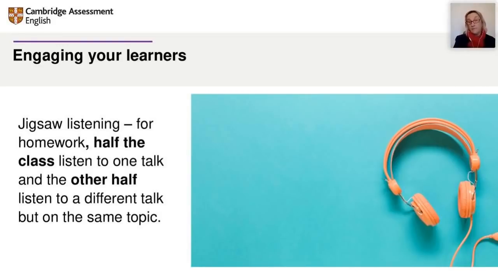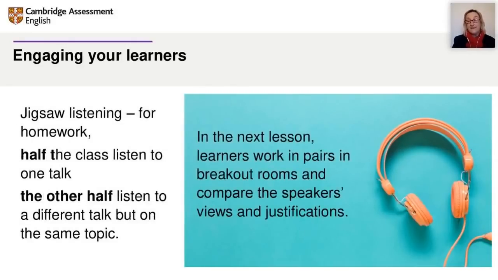Now, you might do this at home, for example, so that they prepare, and for the next lesson, they go to the breakout rooms and they can talk about what they've listened to, make comparison. Very nice, perhaps for B1 type activity and B2, where maybe they are listening to a slightly longer text.